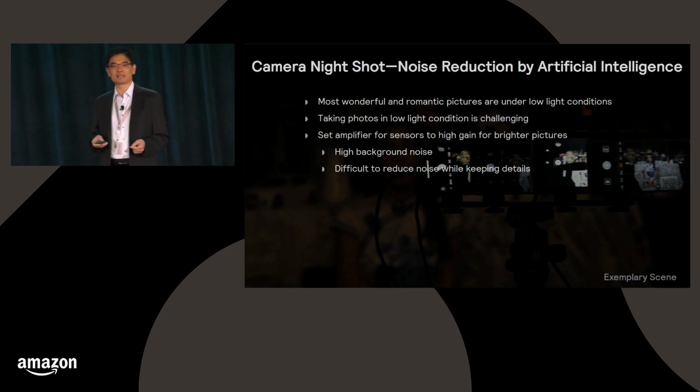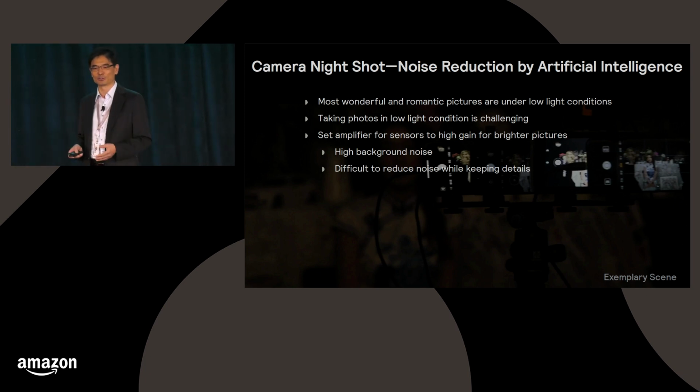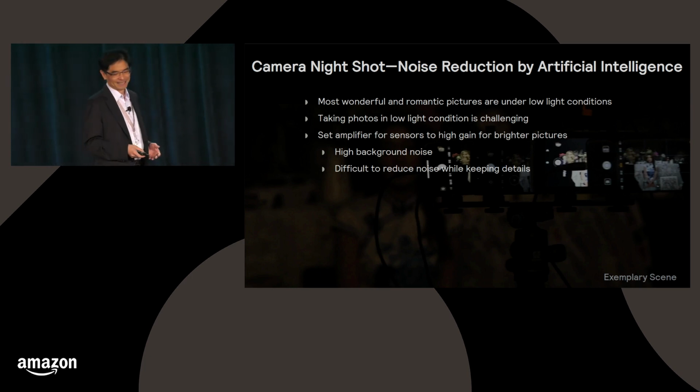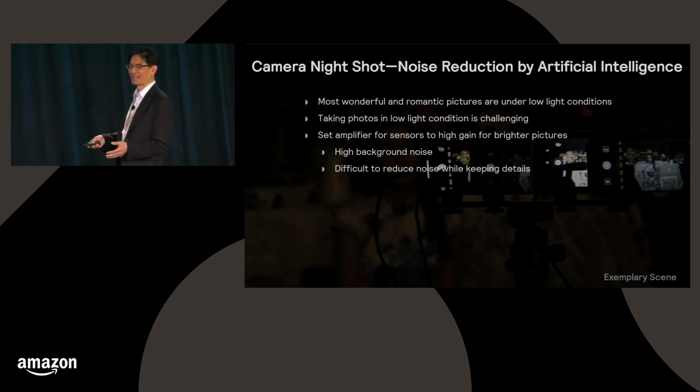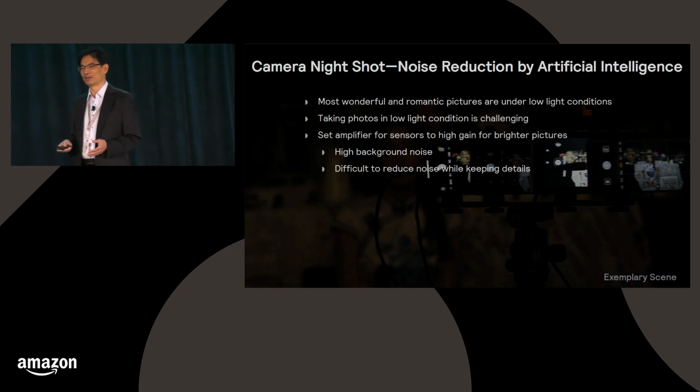I believe you must have the experience when you feel touched or romantic and want to take a photo, but generally it's in a low light condition. However, taking a photo in low light is the most challenging for the camera, especially the mobile camera, because of the form factor, the sensor size is very tiny.